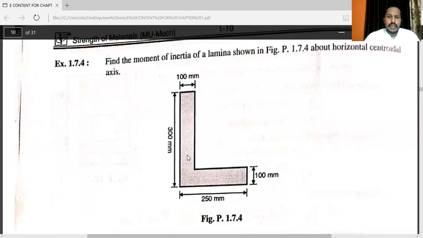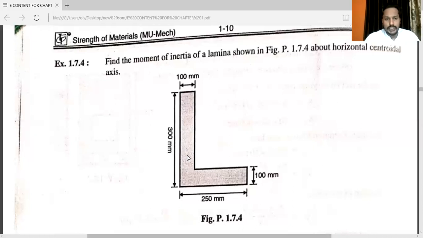The L shape is given and we have to calculate the moment of inertia. So first of all, our duty is to select the horizontal axis and vertical axis. So the first step is to select the horizontal axis and vertical axis. Here I am considering the base as the horizontal axis, and this left side line, from this point to this point, you can observe in the diagram, is the vertical axis for me, because this is the L shape.